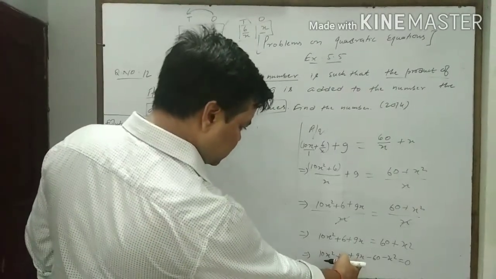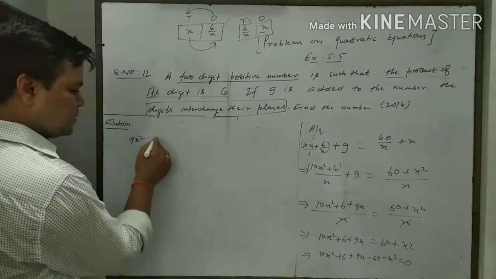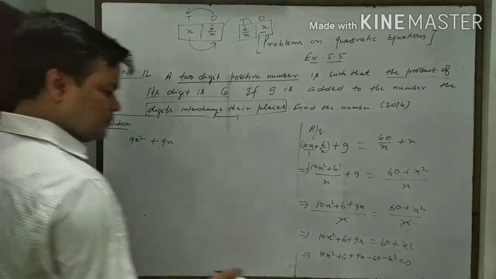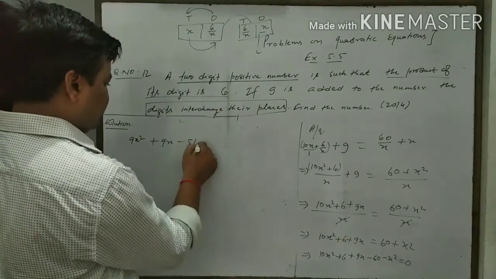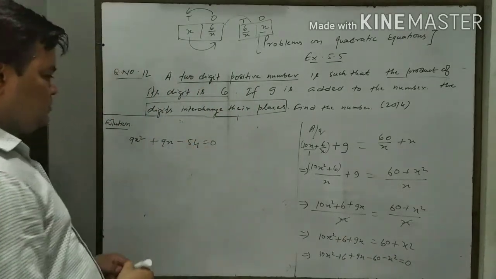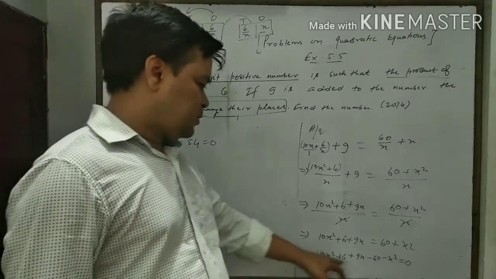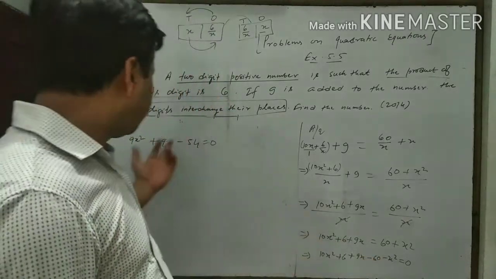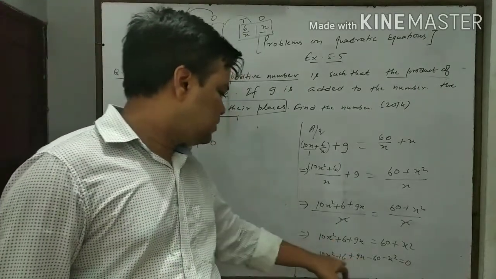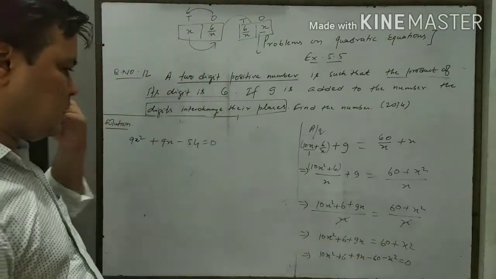Again here, what is this? 9x plus 9x. And 60 minus 6 it will be minus 54 is equal to 0. 10x square minus x square will be 9x square, and this is 9x, 9x, minus 60 plus 6, it will be minus 54.